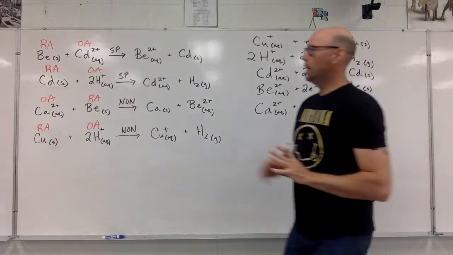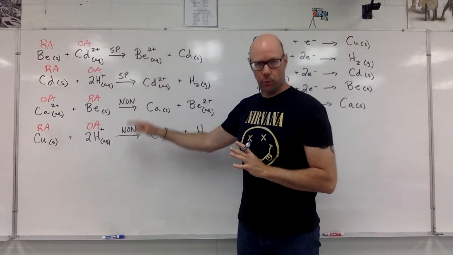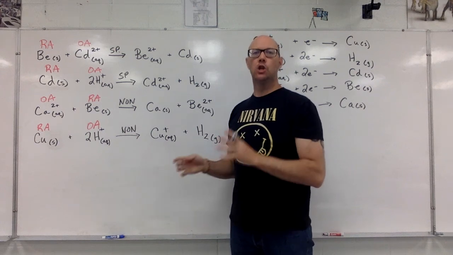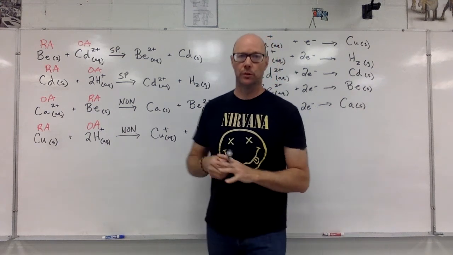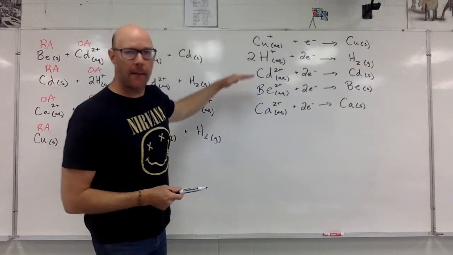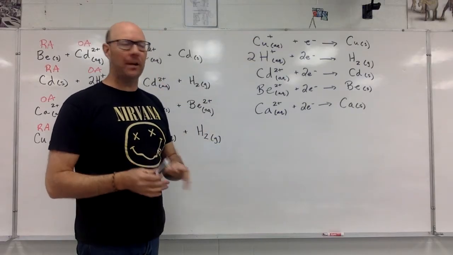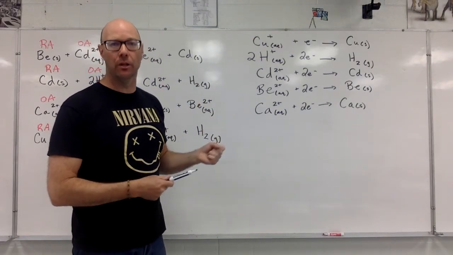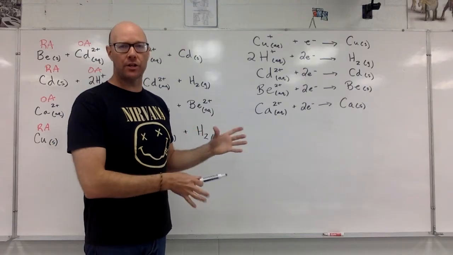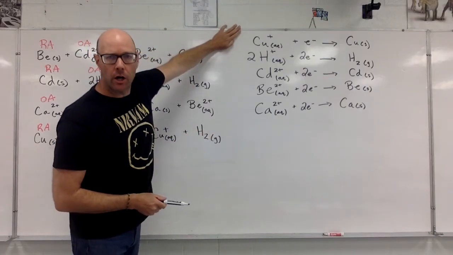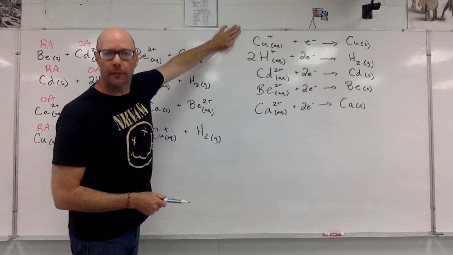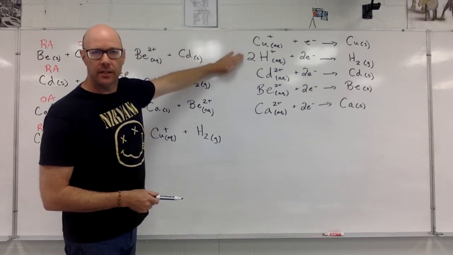What we've done is we've taken the reactions provided to us, used our spontaneity rules to put those chemicals in order. And then we've turned it into a table of reduction half reactions, where the strongest oxidizing agent is at the top left, and they're decreasing in strength.